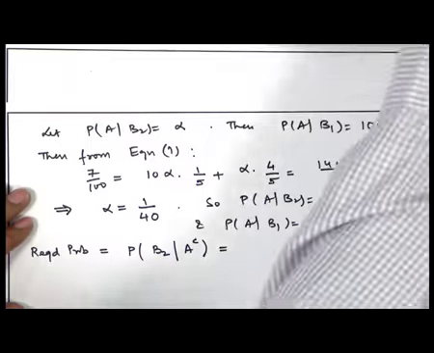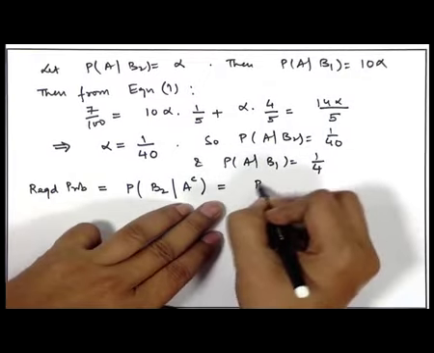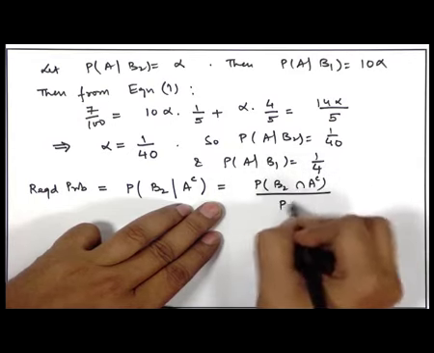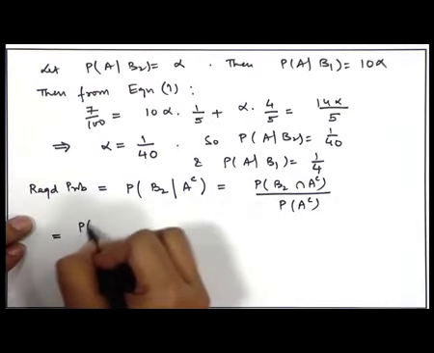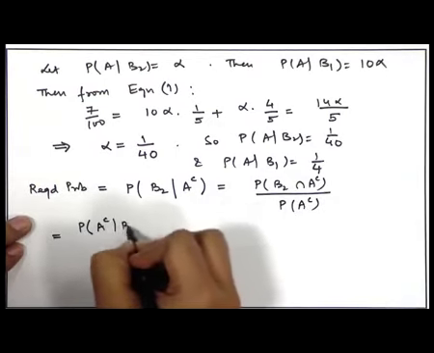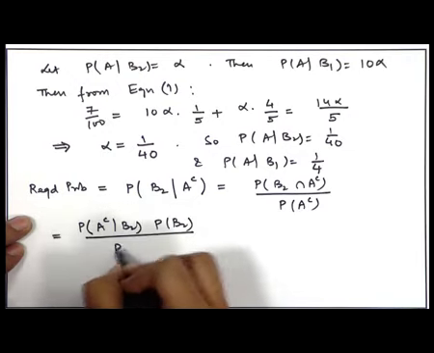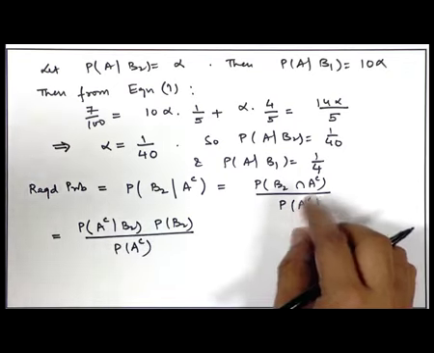Here I can apply the conditional probability again. That is probability of B2 intersection A complement divided by probability of A complement, and this is nothing but probability of A complement given B2 into probability of B2 divided by probability of A complement. You can say it is Bayes theorem or the multiplication rule.